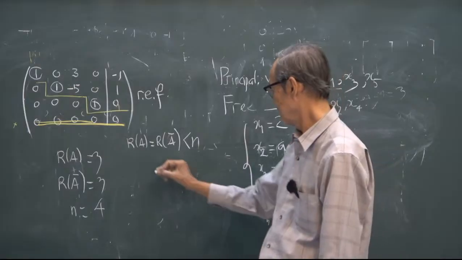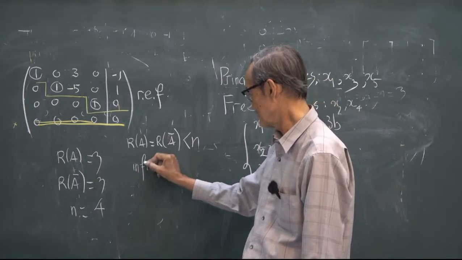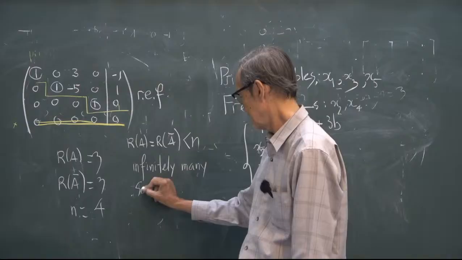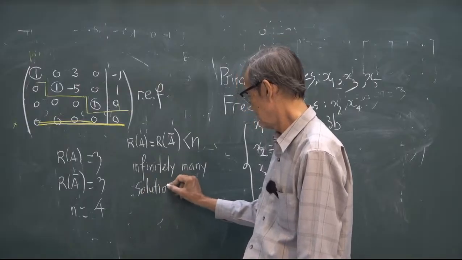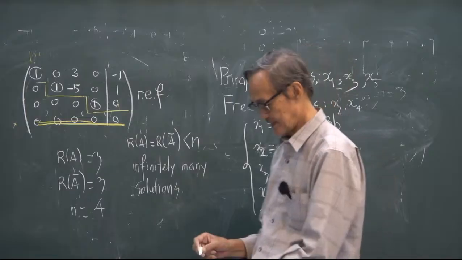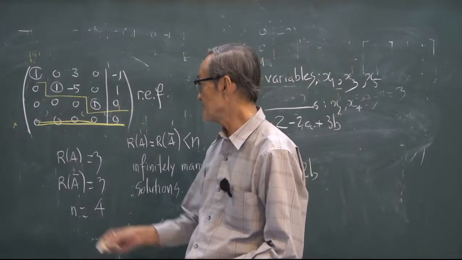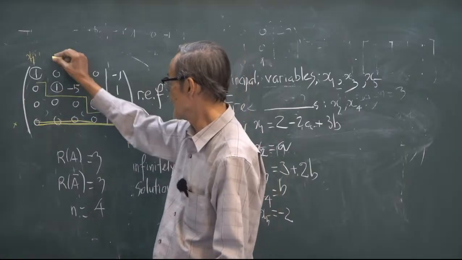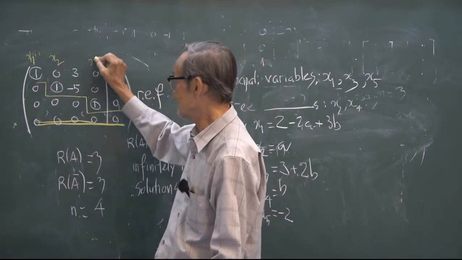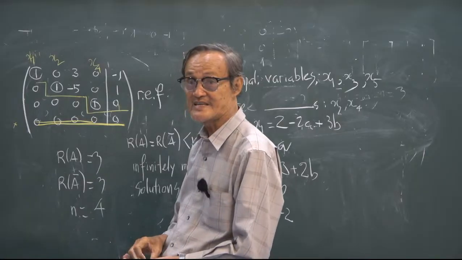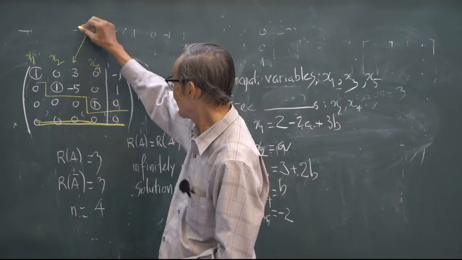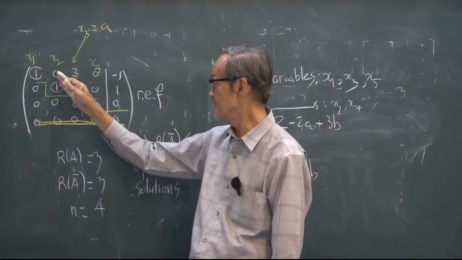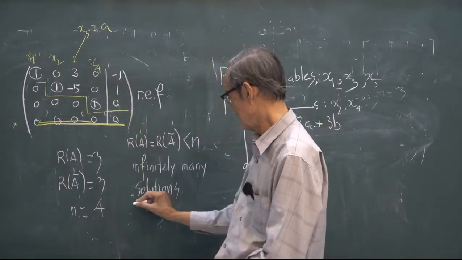So infinitely many solutions. Variables corresponding to pivots, x1, x2, and x4, are principal, and the free variable here is x3.